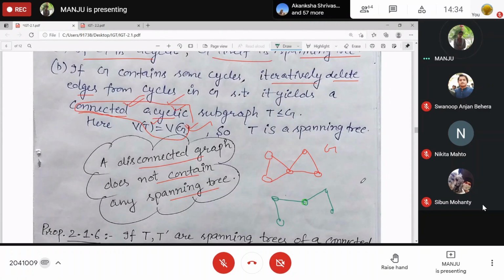This one, spanning tree. Clear? Yes, ma'am. This one is also a spanning tree. And there are many more examples.